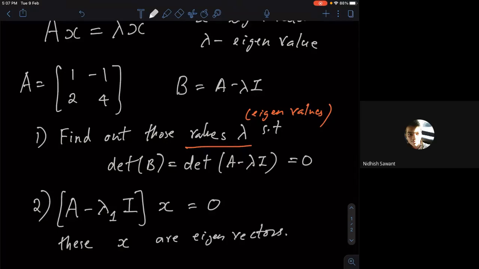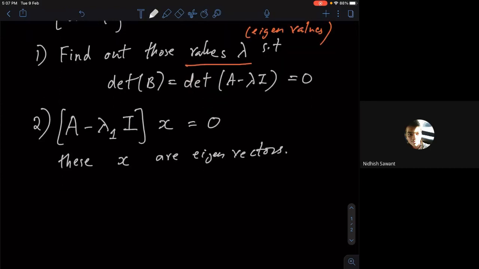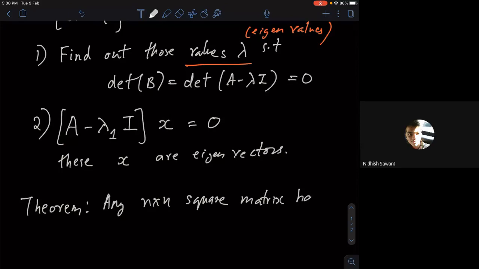Okay. And then we said that we are talking about square matrices, right? So here is a theorem: any n cross n square matrix has n eigenvalues.